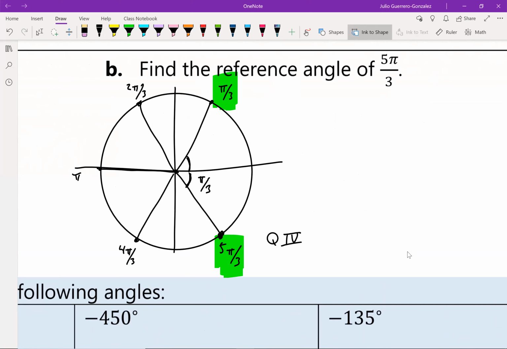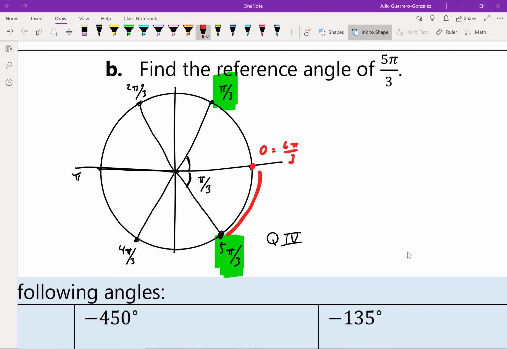So from here to here, this point right here is also 0 and 6 pi over 3.